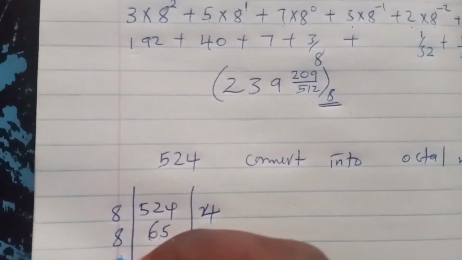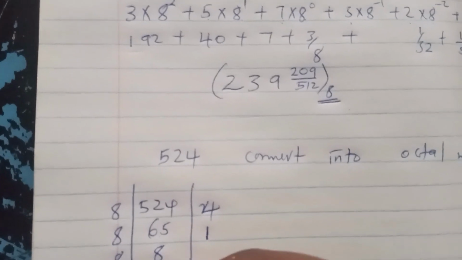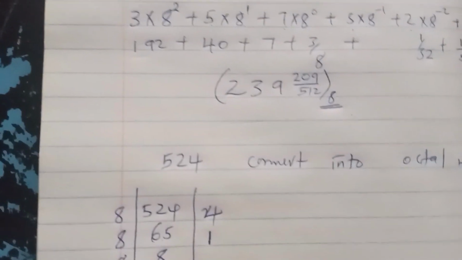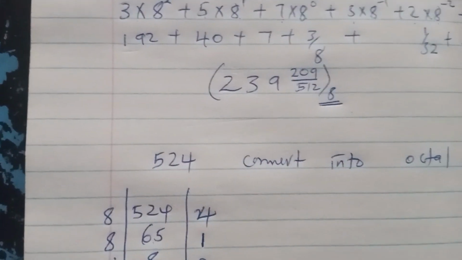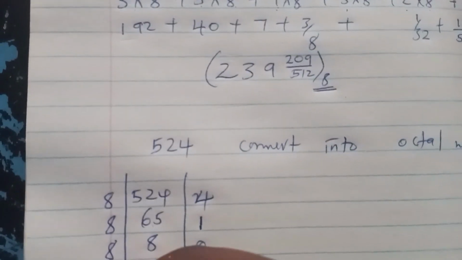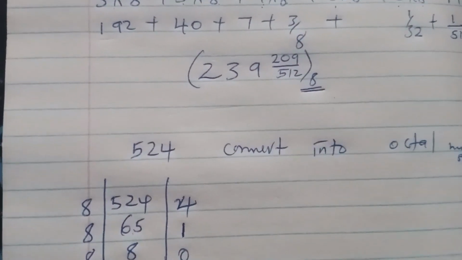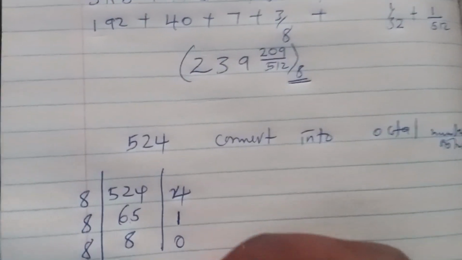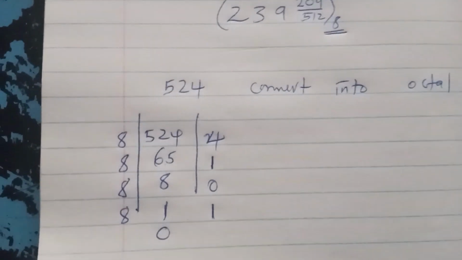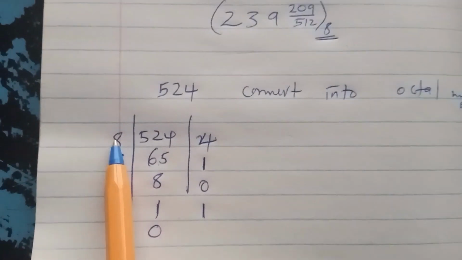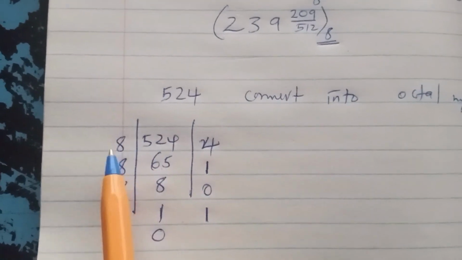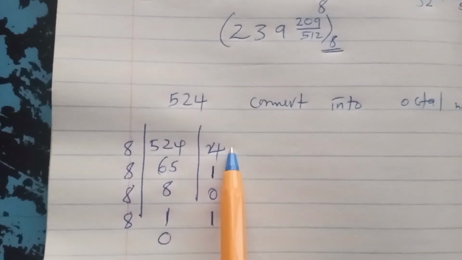Then you divide 8 by 8, you get just 1, and the remainder is 0. Then if you divide this 1 by 8, it will go 0 times, and you remain with the 1. So we said you take 524 divided by 8, you get 65, remainder 4.